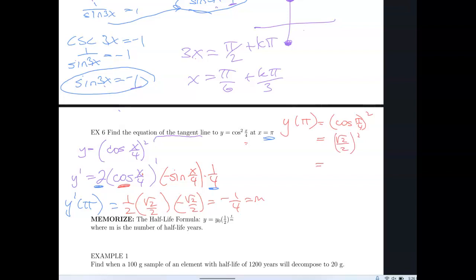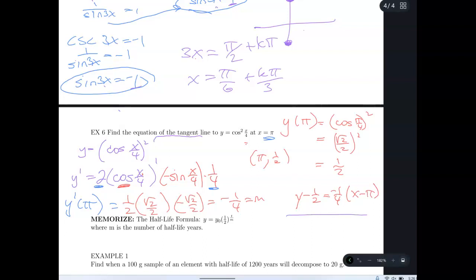Square it, so I get 2 over 4, so 1/2. All right, so then put together my point, which is pi, 1/2. So I get y minus 1/2 equals negative 1/4 times x minus pi. So that's my equation of my tangent line.